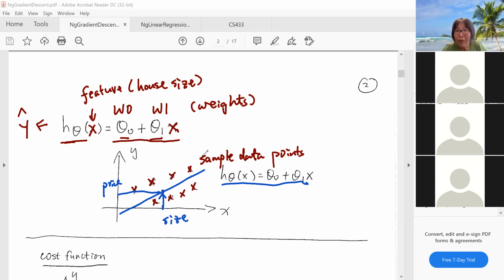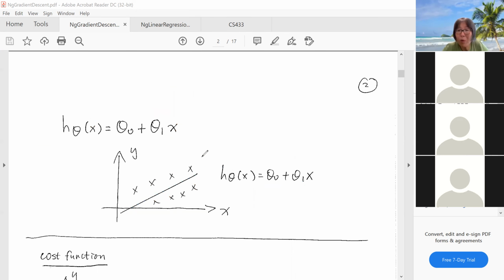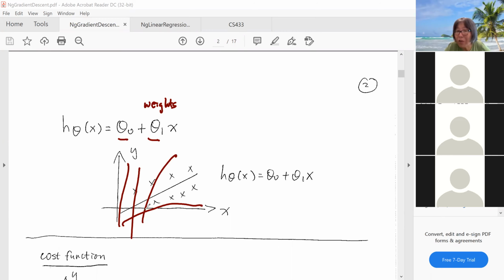But how to find this pattern? Just like the perceptron at the line, is it? So these weights play a very important role, is it? Because if you have different weights, then it can give you a different line.